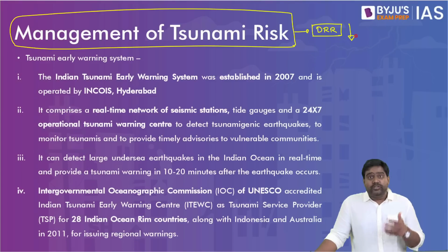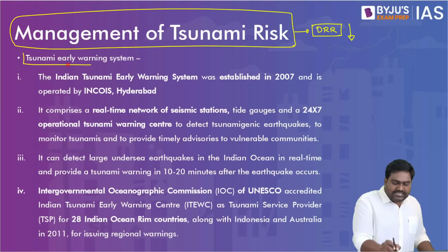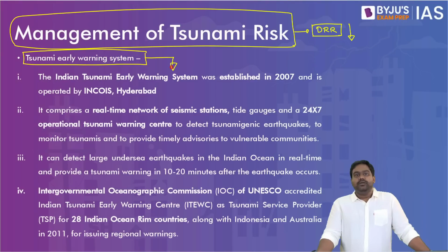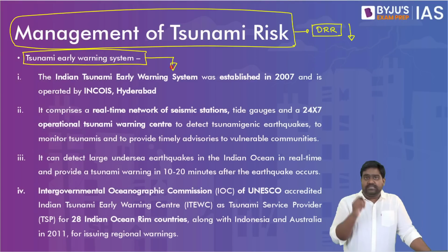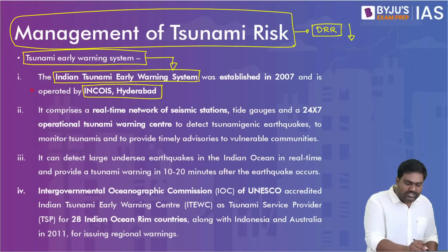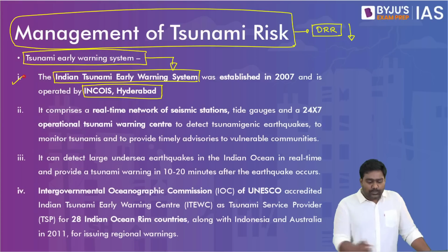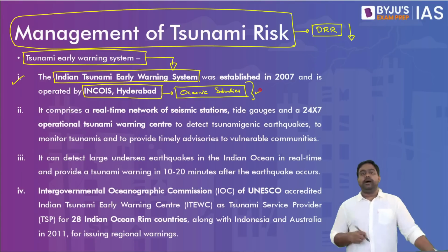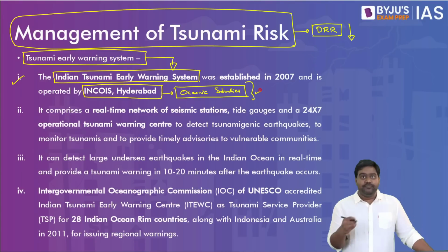So for that, we have to reduce the risk, reduce the vulnerability, reduce the exposure. The first basic step is an effective, reliable early warning system. As I told you earlier, India has done this successfully through INCOIS. INCOIS is a scientific institution based out of Hyderabad that deals with oceanic studies and oceanic information.